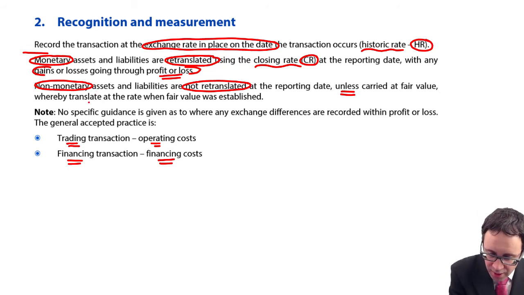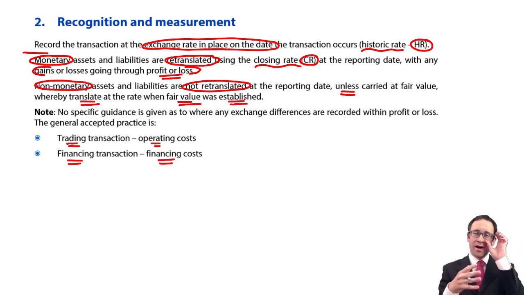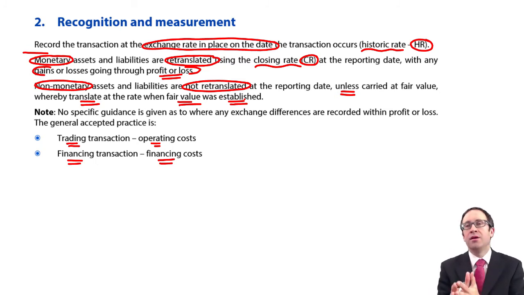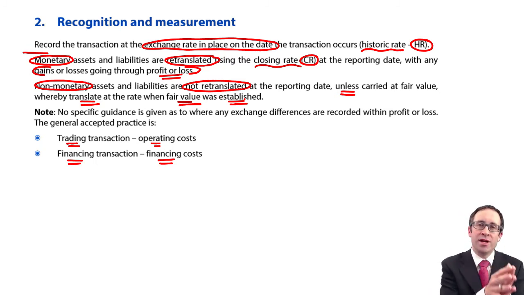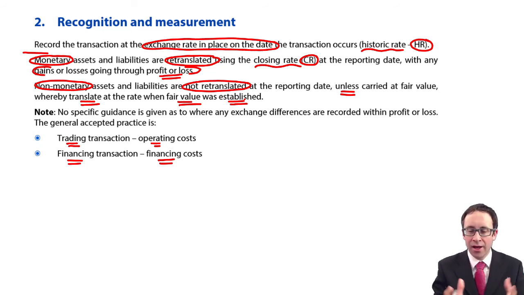Well, you will translate it when the fair value was established. So if you do the revaluation at the end of the year, you will take that fair value and retranslate it at the end of the year rate. Okay, so that's likely to be seen if you've got property, plant and equipment that is held under the revaluation model and that asset is denominated in an overseas currency. So the fair value is calculated based upon overseas aspects.